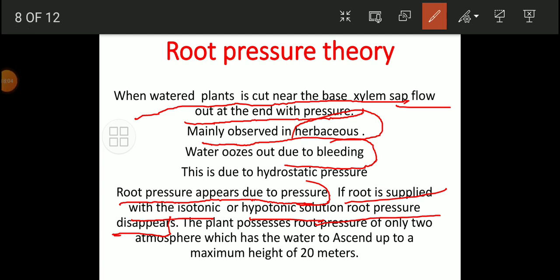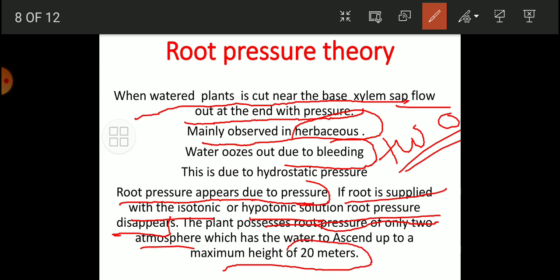The plant possesses root pressure of only 2 atmospheres, but according to the scientists, there is only 2 atmospheric pressure, and that pressure has the capacity to ascend the sap up to a maximum height of 20 meters, not more than that.